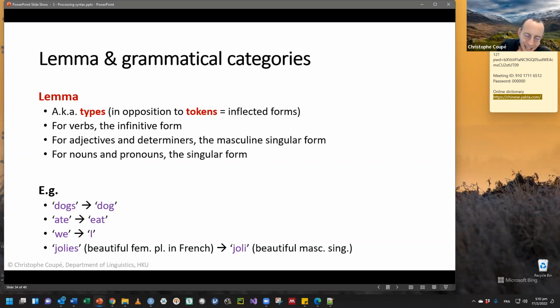If you have ate, the lemma is eat. If you have we, the lemma is I, singular. If you have jolies in French, so that's feminine plural form, then the lemma would be the masculine singular form for beautiful, joli. That's the way it works.